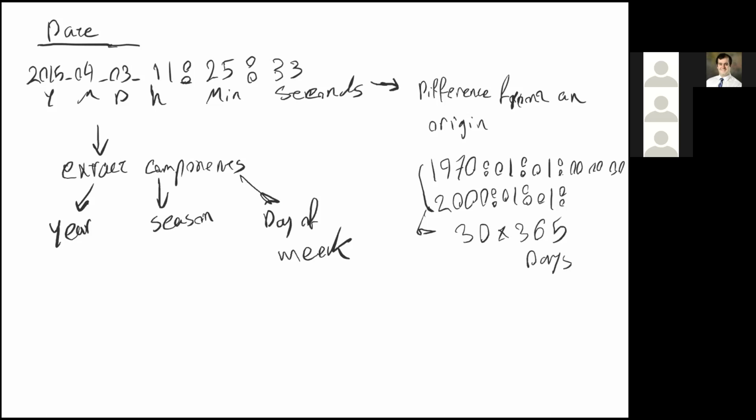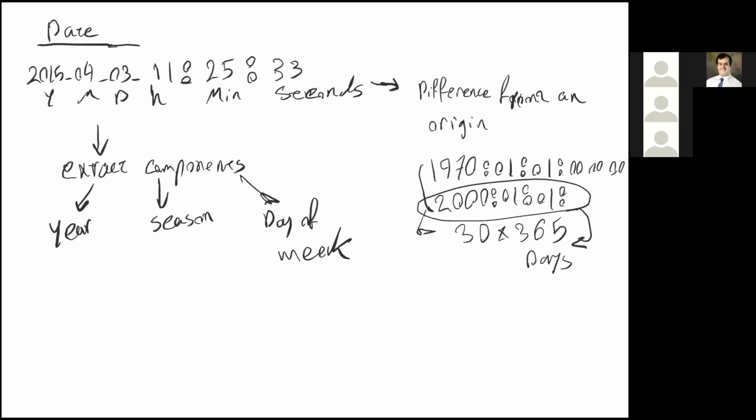So whenever you see that, this value is not good for machine learning. You put its differences, which is a numerical equivalent. Any questions so far? So how will you work with the date variable? Again, two ways. One way, extract a component like year, season, day of week, or also differences from an origin.